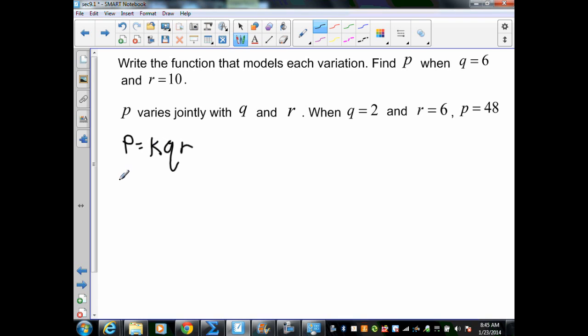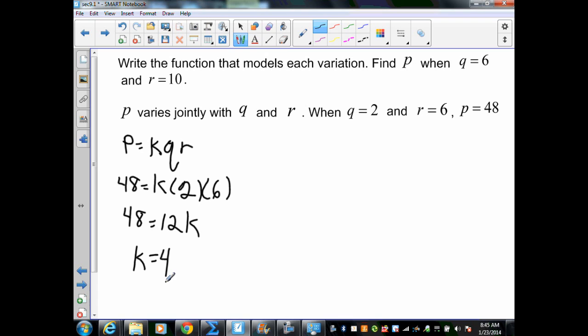Here I have P equal to 48. I want to find K. They give me Q, which is 2, and R, which is 6. Simplify. 48 equals 12K. Divide by 12. K equals 4.